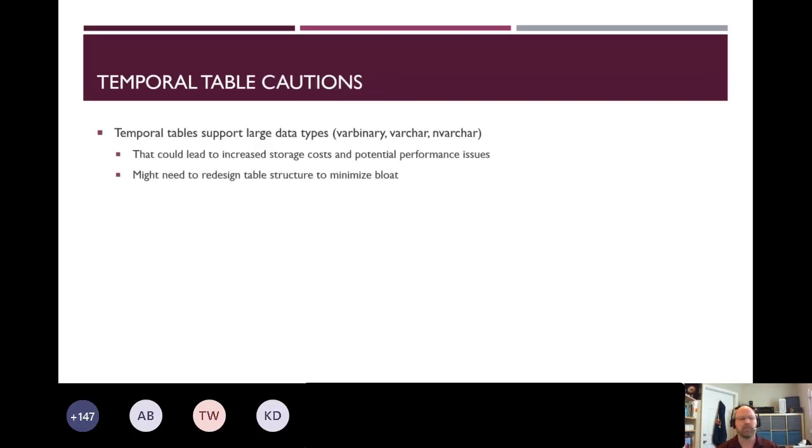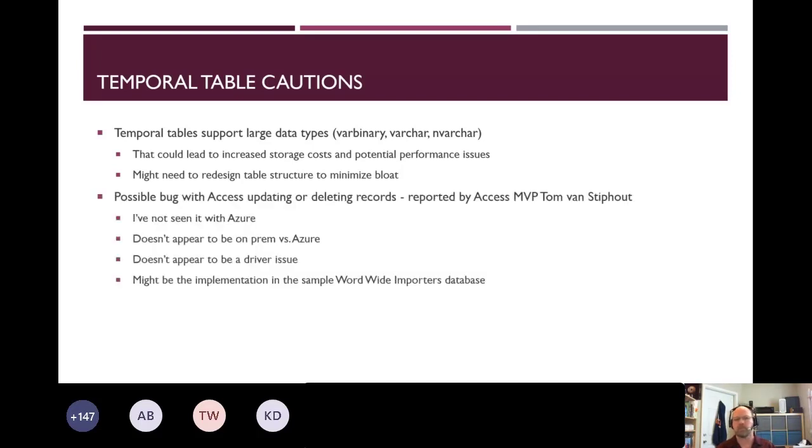A few cautions about this. Temporal tables support the large data types. So if you are implementing this on a table and one field changes and there's another big blob of data that doesn't change, this is going to increase storage, which again is cheap, but it may have some performance issues. So you might want to redesign your table structure to minimize the bloat if you have a lot of those.